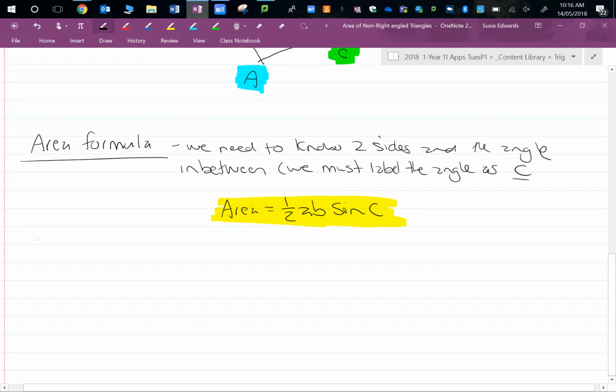Okay, so if we look at some steps for this, they're pretty easy steps. Step one is still, is it right angled?